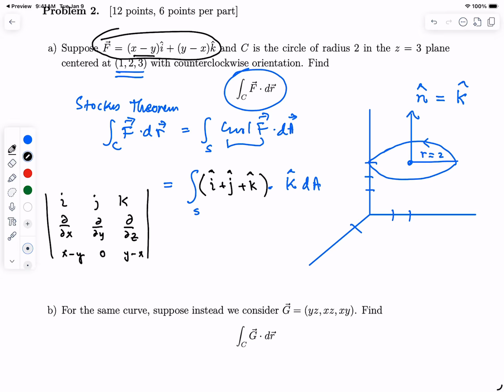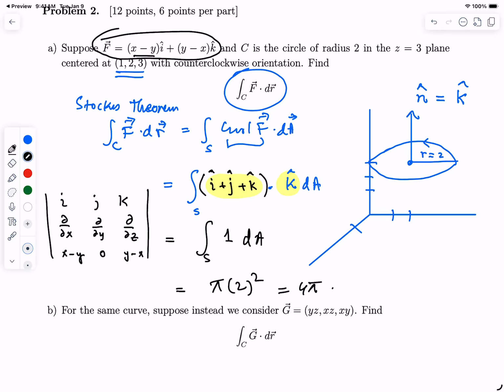So you apply Stokes theorem, you compute the curl of the vector field. Now you just integrate over this surface. I think this one is really simple now, because if I take this dot product, I will exactly get 1. Now you know what this integral is? It is the area of a circle with radius 2, so it's pi r squared, pi times 2 squared, which is 4 pi.